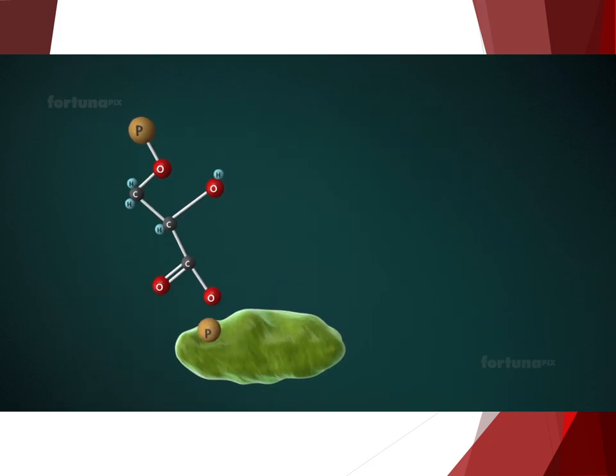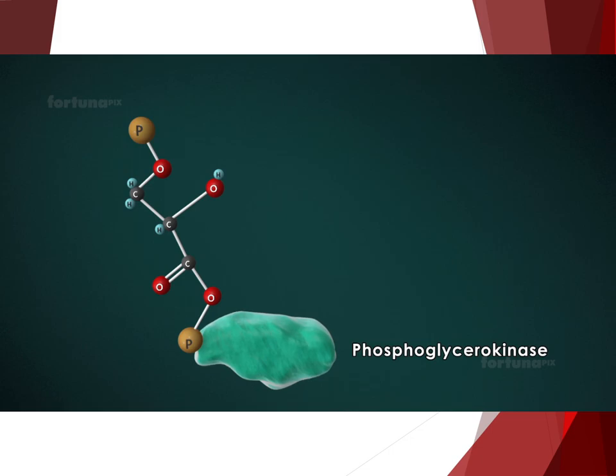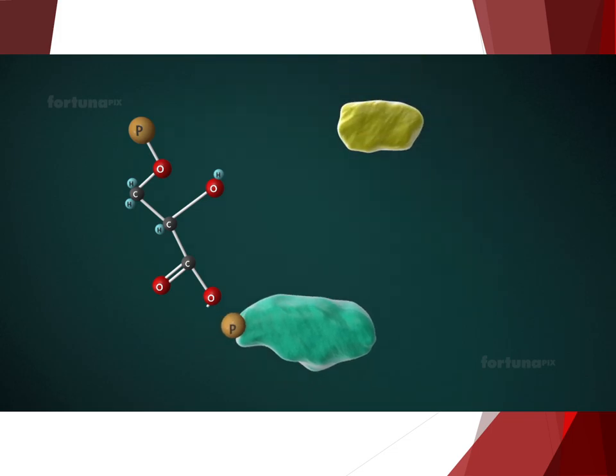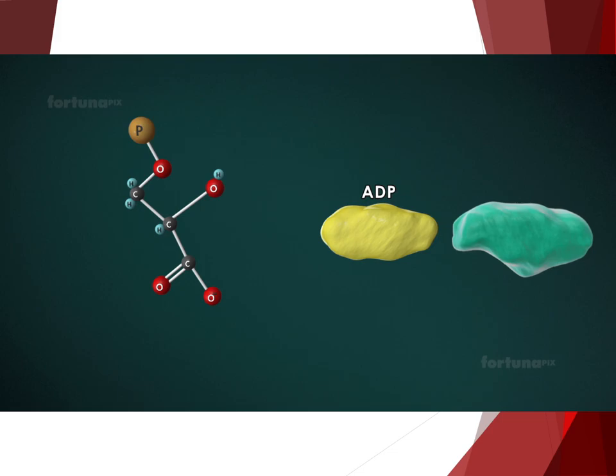The same enzyme will add a phosphate to the oxidized glyceraldehyde phosphate, forming 1,3-biphosphoglycerate. The enzyme phosphoglycerokinase will then shift a phosphate from 1,3-biphosphoglycerate to ADP, yielding ATP, and 3-phosphoglycerate.